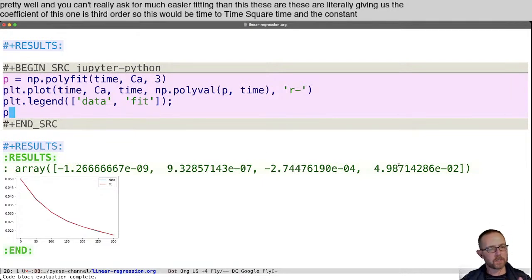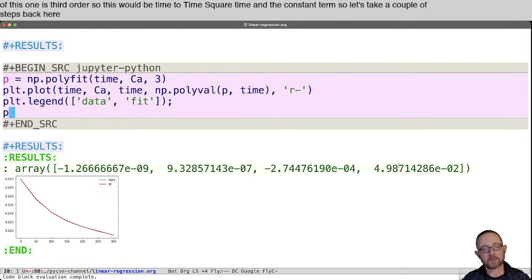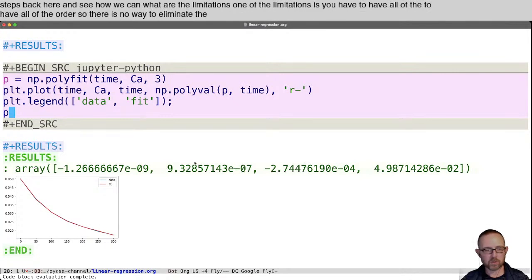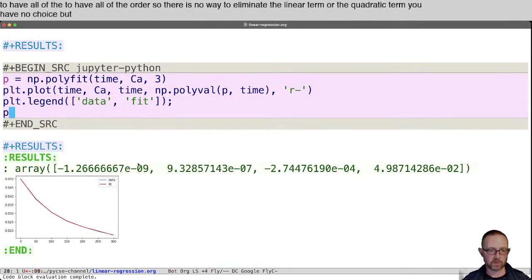So let's take a couple of steps back here and see what the limitations are. One of the limitations is you have to have all of the orders. So there is no way to eliminate the linear term or the quadratic term. You have no choice but to include them, because that's what polyfit does.